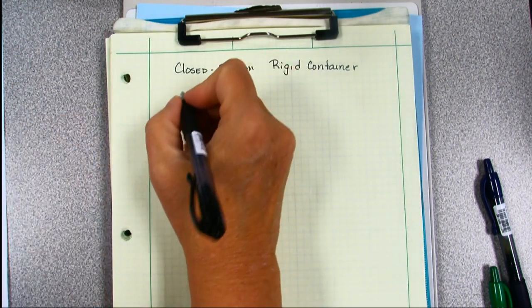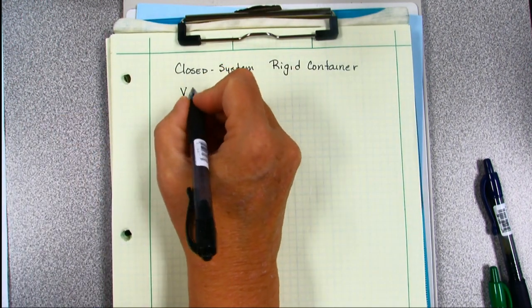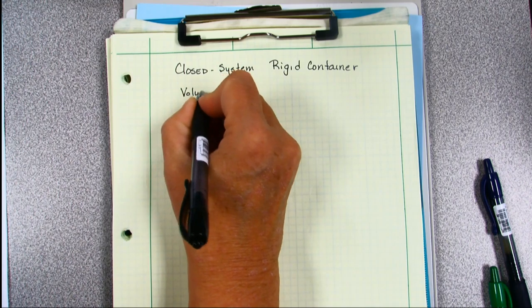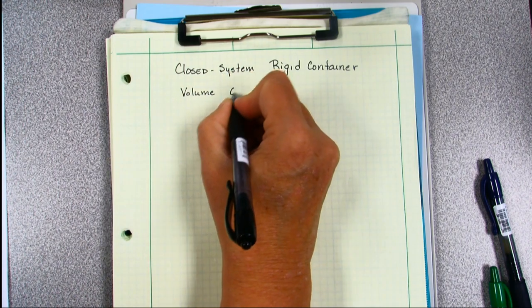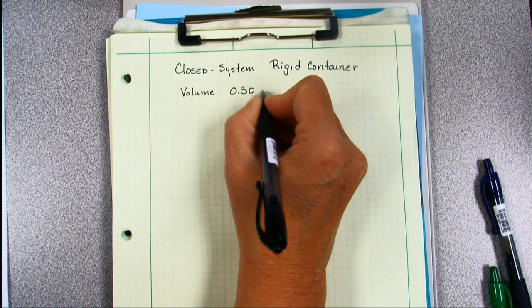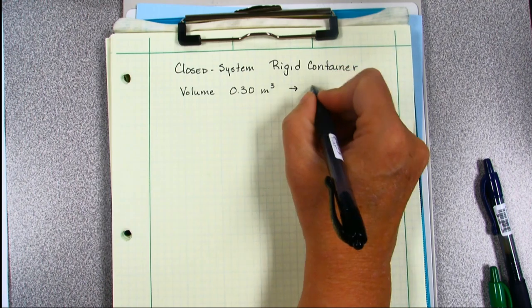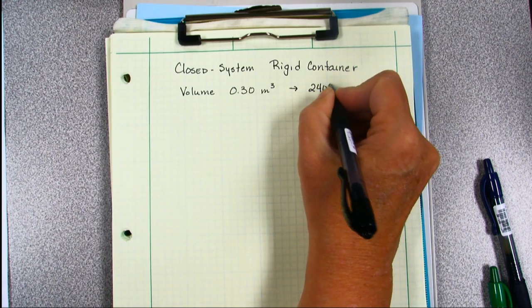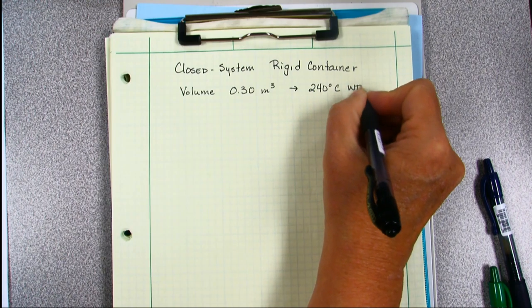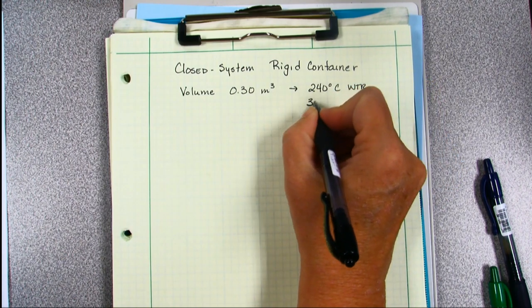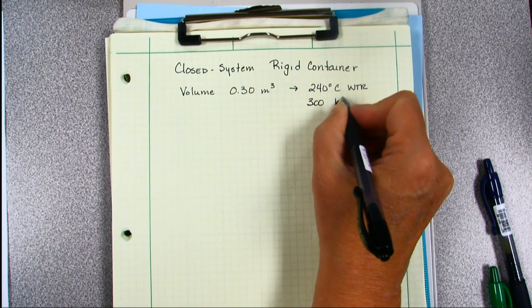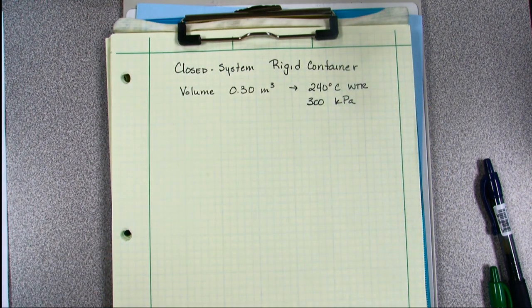We're going to start with a volume of our container of 0.30 meters cubed. And we're going to have 240 degrees C water at 300 kilopascals. The container is then cooled until the temperature of the water is 100.